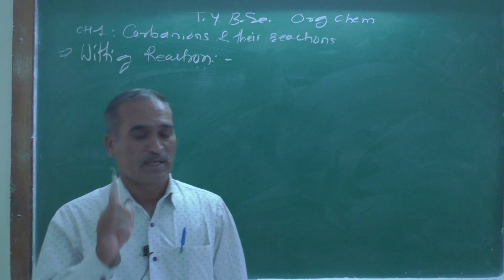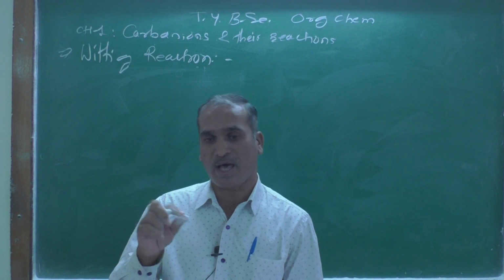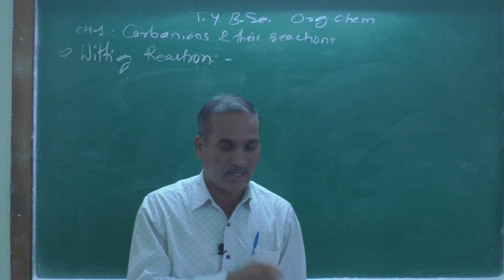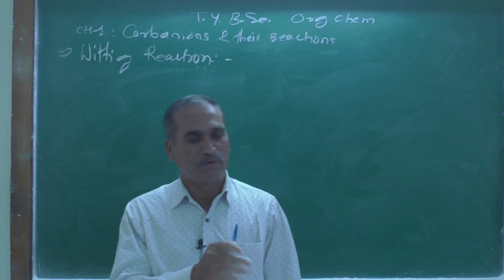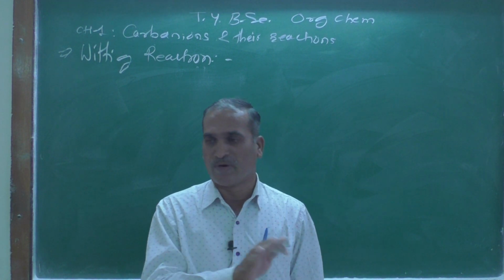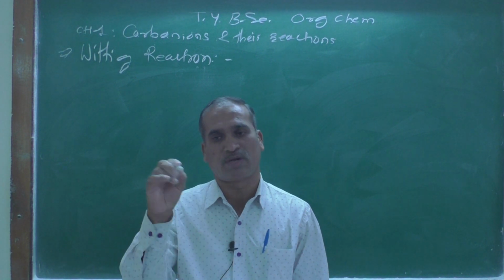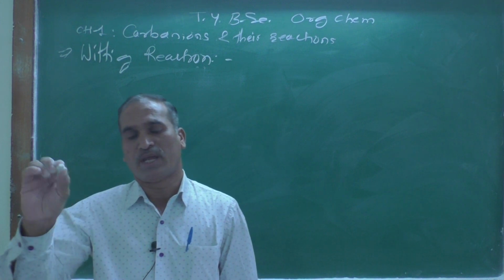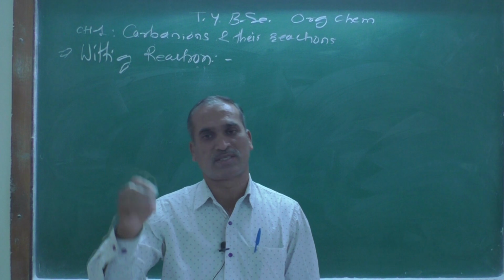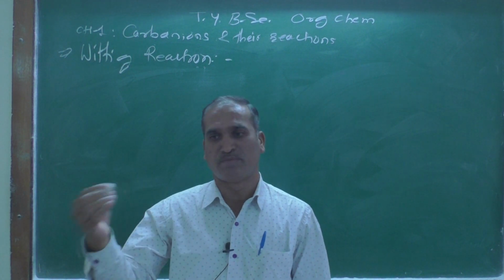Everybody knows that RMgX is known as a Grignard reagent. How is it prepared? It is an organometallic compound. It is prepared by taking a pure alkyl halide RX treated with pure magnesium metal in the presence of dry ether. The resulting complex formed is called a Grignard reagent, RMgX.